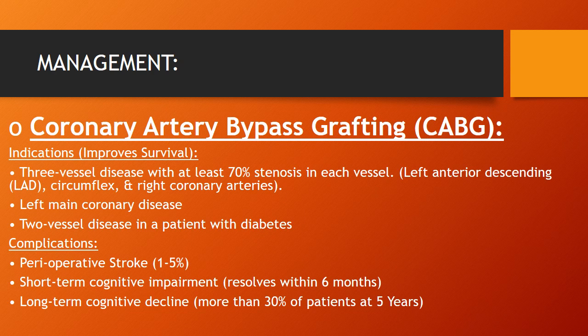So what are the indications? We can again repeat. Either 3 vessel disease with at least 70% stenosis, left main coronary disease alone, and 2 vessel disease in the patient with diabetes. Complications can include perioperative stroke, short-term cognitive impairment, and long-term cognitive decline.